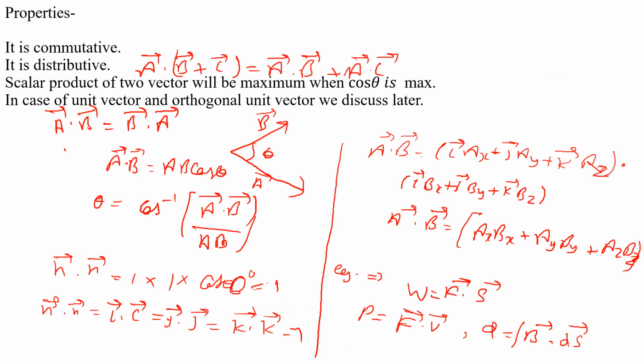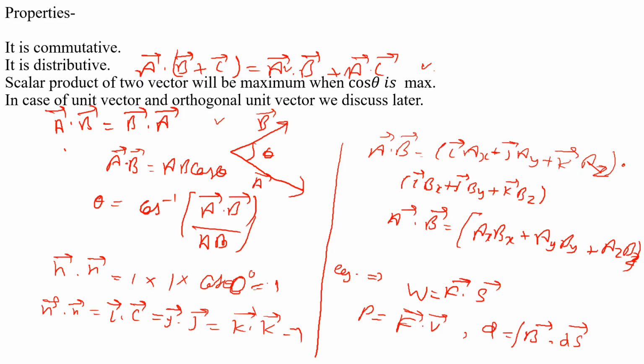Now we discuss some properties of the scalar product of vectors. First, it is commutative, means a vector dot b vector is equal to b vector dot a vector. And second, it is distributive: a vector dot of b vector plus c vector is equal to a vector dot b vector plus a vector dot c vector.